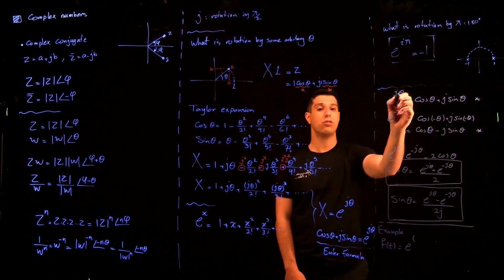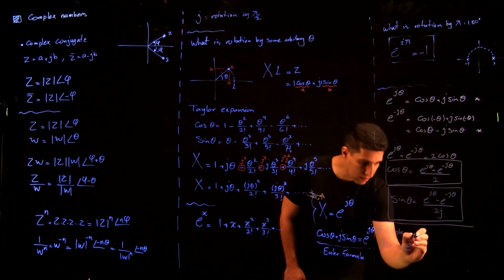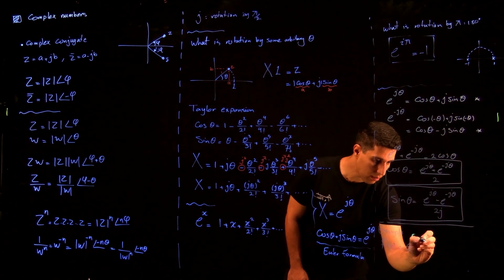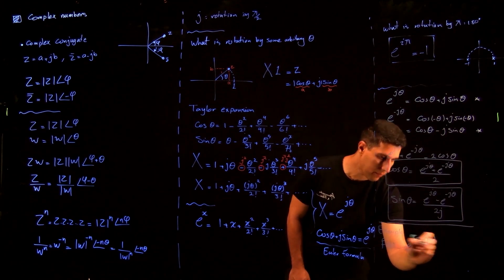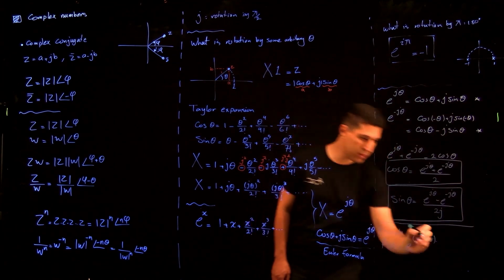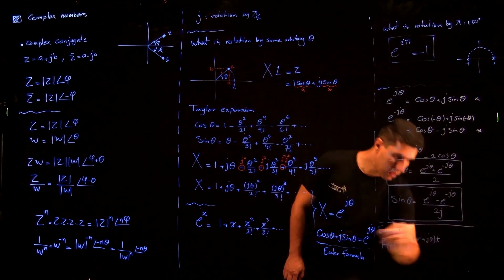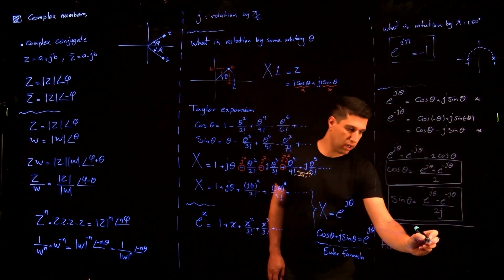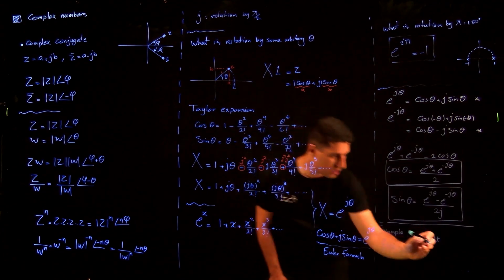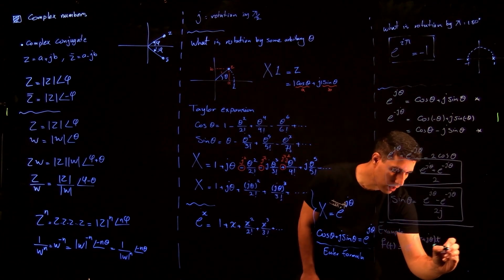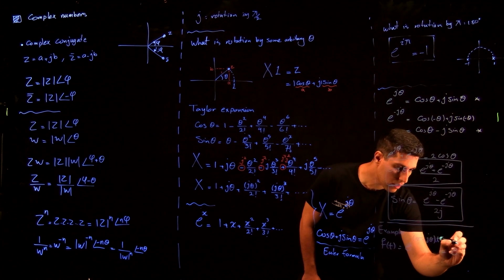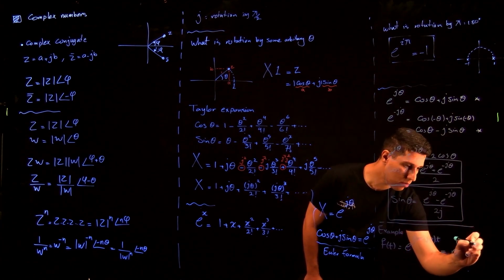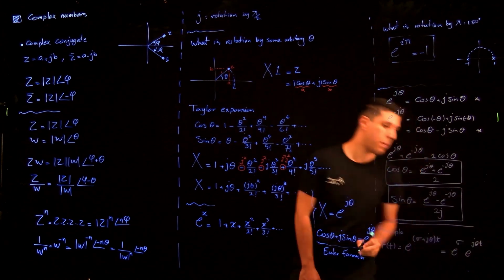Instead of having e to j theta, I add another piece to it. So I can have sigma plus j theta, a complex number, multiplied by t. This is just an exponential, so I can write it as e to the sigma times e to the power j theta t.